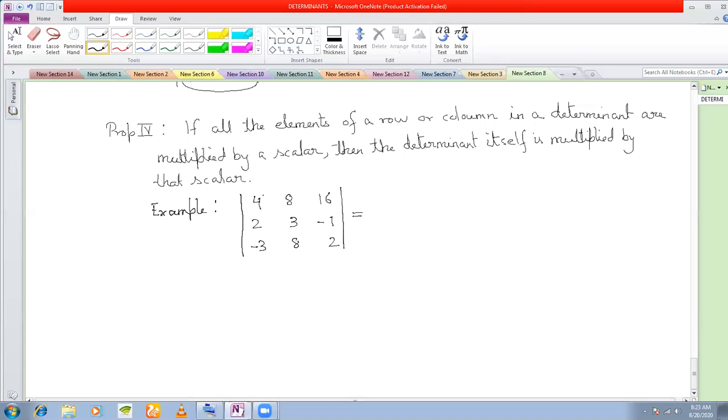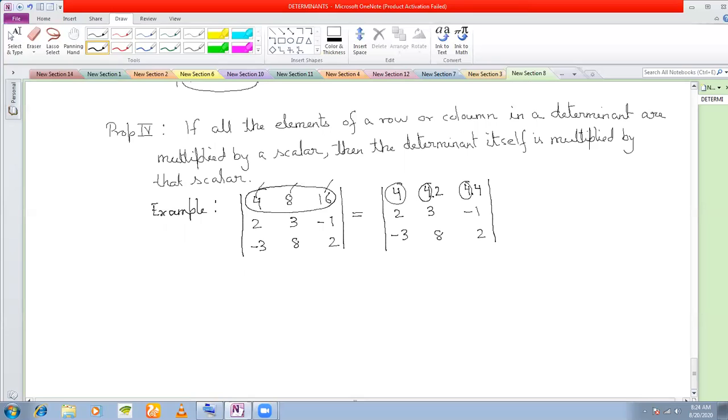What you see is the first row. In the first row, what is the common multiple of all the elements? 4, and this is 4 into 2, and this is 4 into 4. 2, 3, minus 1, and minus 3, 8, 2. These two rows remain as they are.